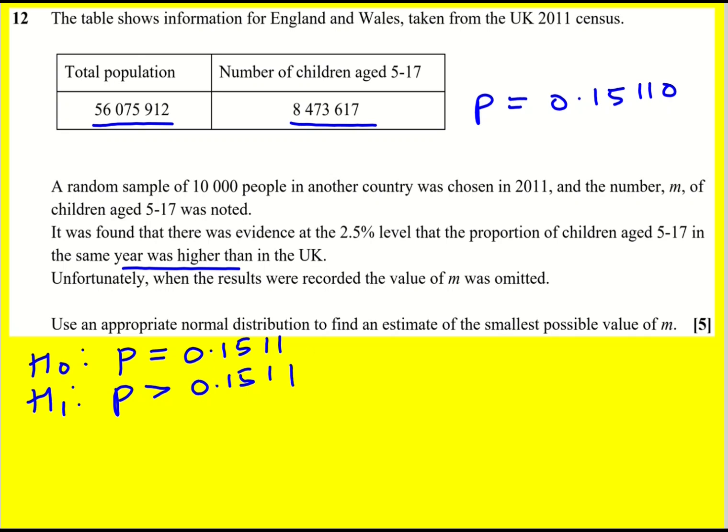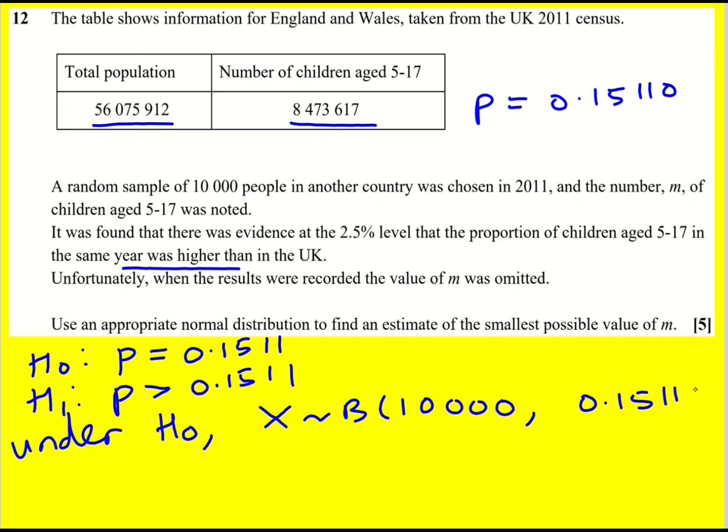So under H0, or assuming H0 is true, we would get that X, the number of children from 10,000 trials, follows a binomial distribution, B(10,000, 0.1511). But they want us to use a normal distribution here, which means we're using a normal approximation.